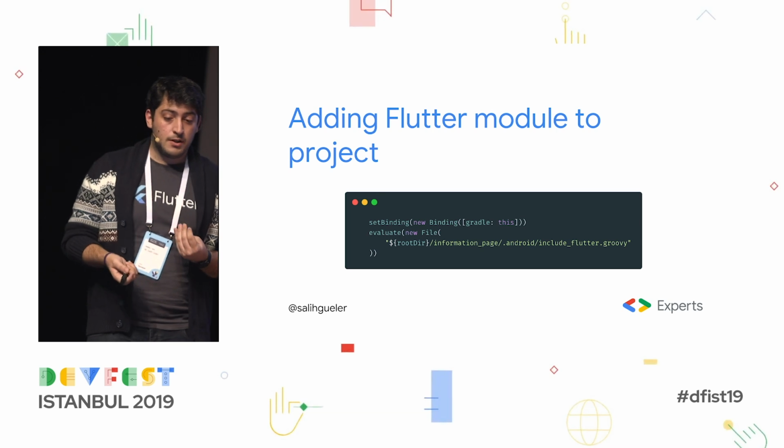First of all, we have a special Groovy file inside our module that is going to identify the necessary files within our Flutter module. Every module that you create will have something called include_flutter.groovy, and this file will handle the identifying part for your module.